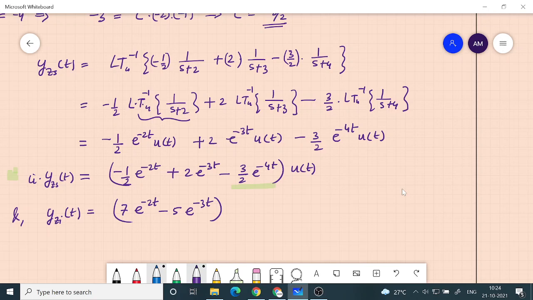So these first two terms were the only terms present in the zero input response. This is entirely due to the natural behavior of the system.